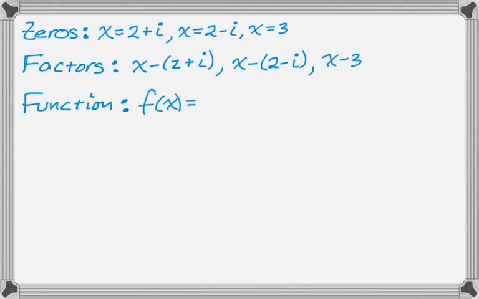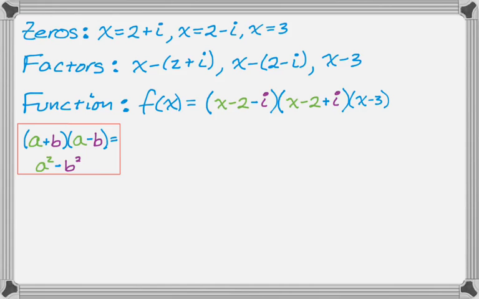Let's write our function in most factored form. What I'm doing here is colorizing this because I'm going to use that a squared minus b squared property again. You'll hopefully recall that the quantity a plus b times a minus b is a squared minus b squared.